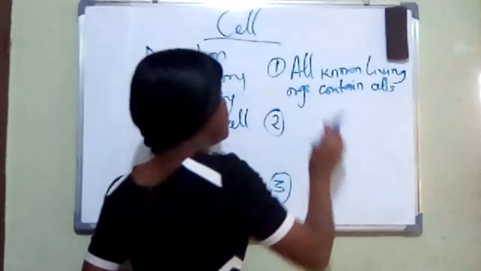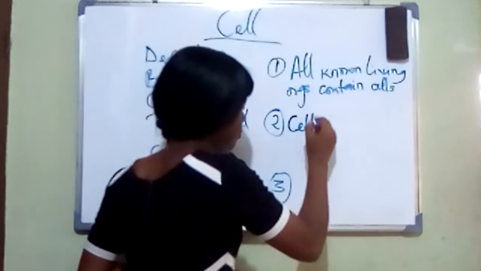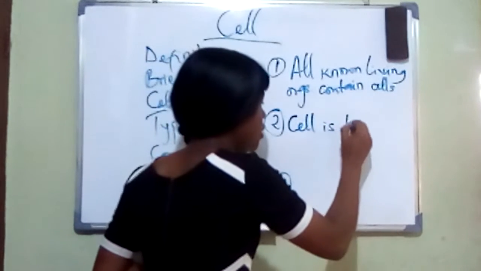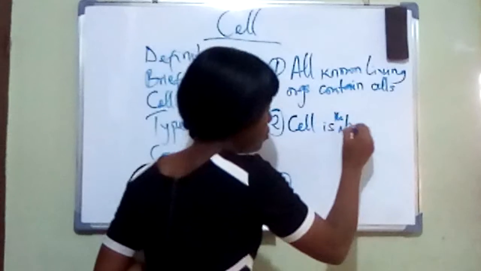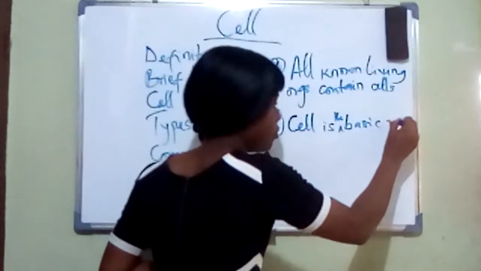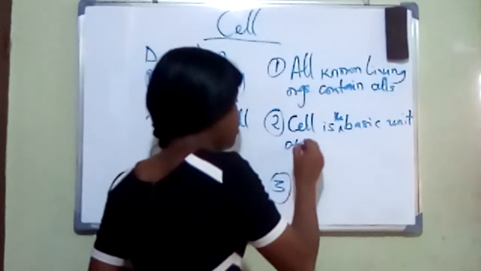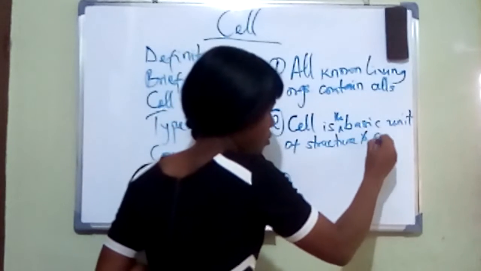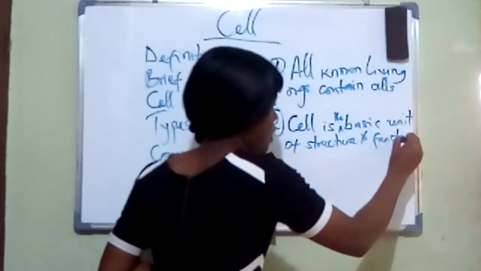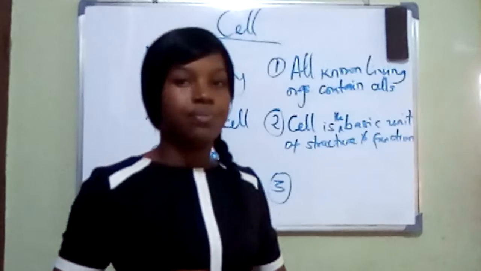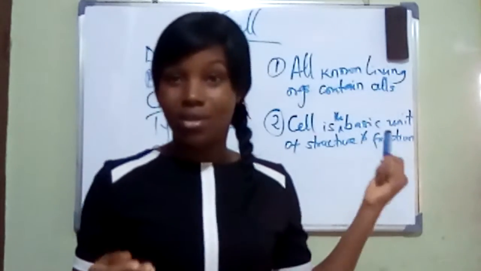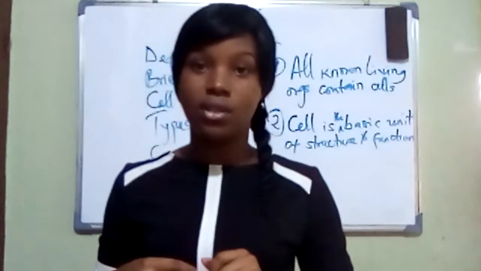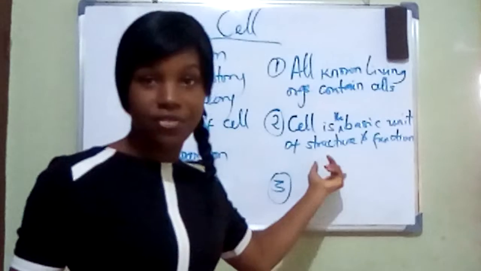Then the next is that the cell is the basic unit of structure and function in living organisms. Just this definition I gave you about the cell, this is where it was derived from.